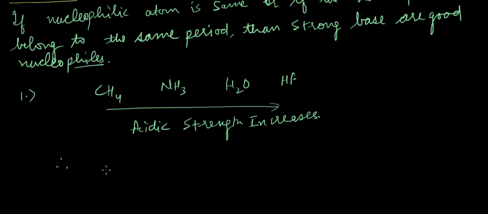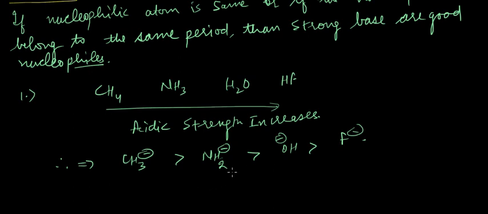Therefore this implies that CH3 minus would be a stronger nucleophile than NH2 minus, which would be a stronger nucleophile than OH minus, and that will be stronger than F minus. Okay, so this will be the order of nucleophilicity.